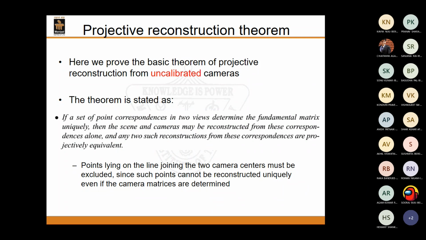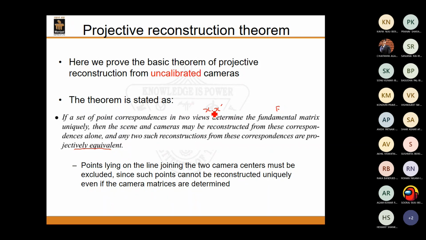So the projective reconstruction theorem states that if a set of point correspondences in two views, X and X dash, determine the fundamental matrix uniquely, that is capital F, then the scene and cameras may be reconstructed from these correspondences alone. And any two such reconstructions from these correspondences are projectively equivalent. Projectively equivalent means that they are mapped to each other using a projective transformation.